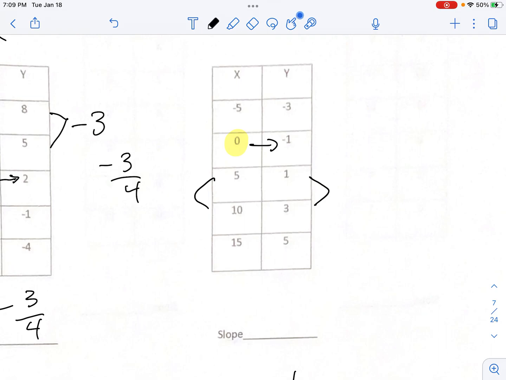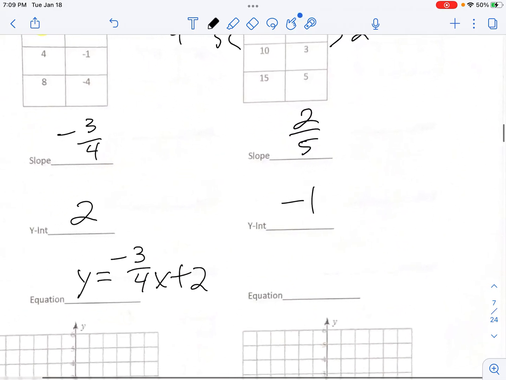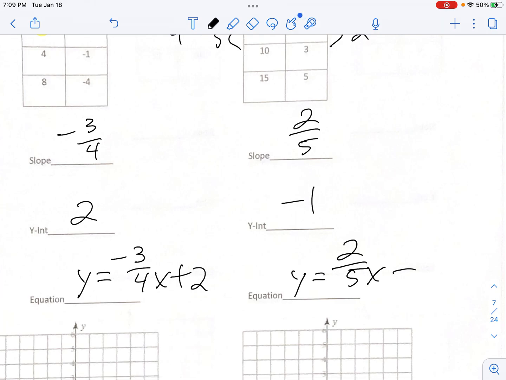So the slope, 1 to 3 is up 2. 5 to 10 is up 5. So y over x, 2 over 5. So that would be my slope. Then you write the equation: y equals 2 over 5x minus 1.